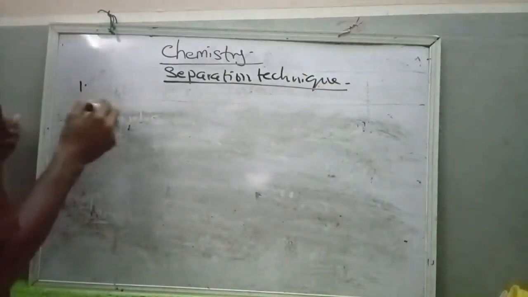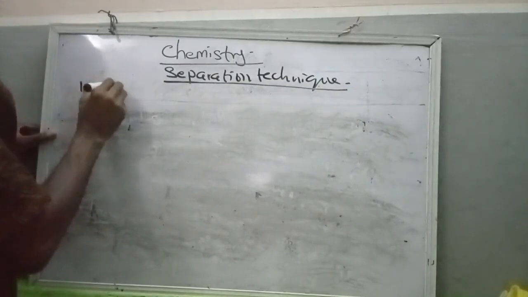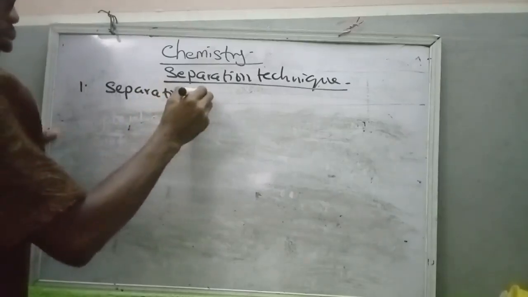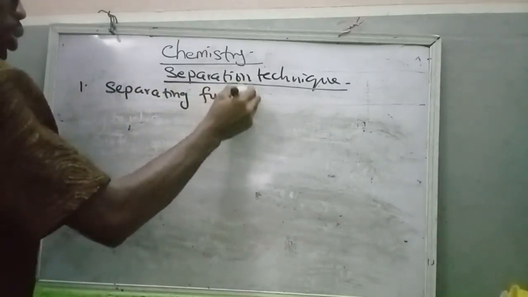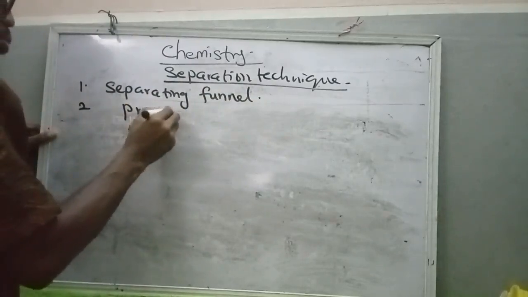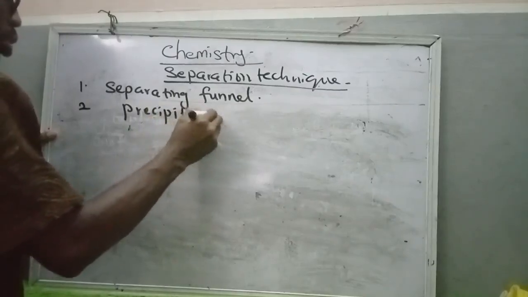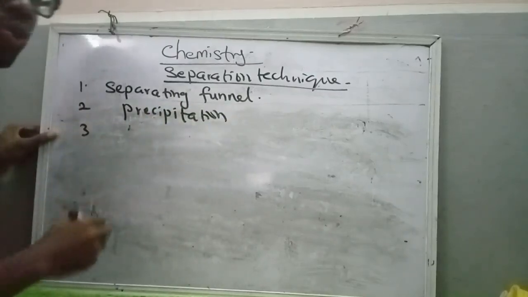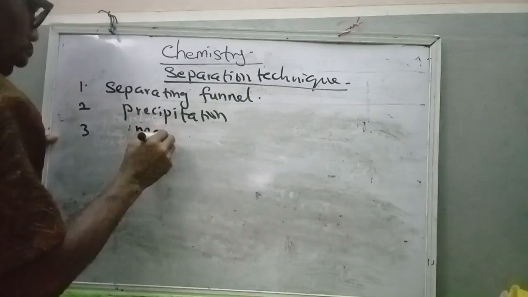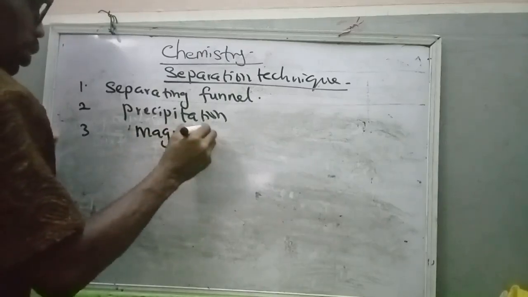Number one, we'll be dealing with separating funnel. We're also going to be dealing with precipitation in this video. And number three, magnetic separation.